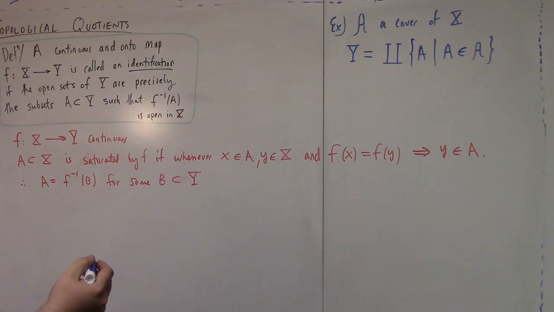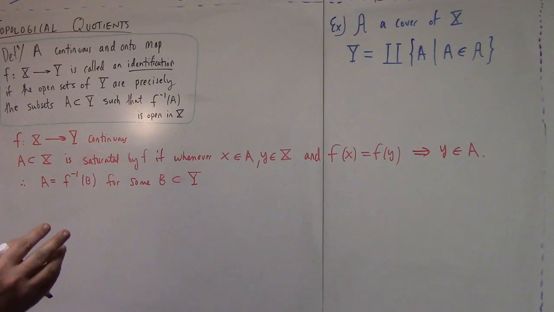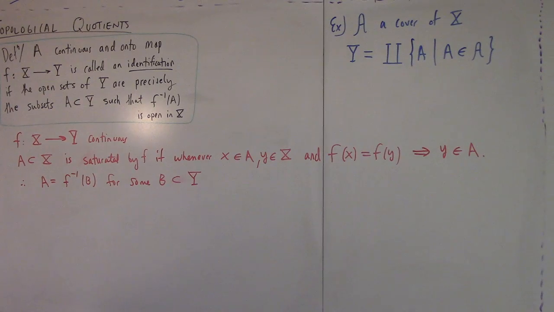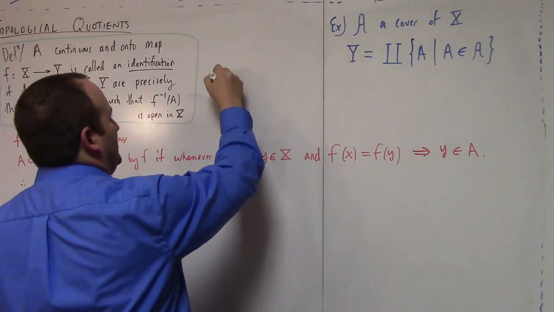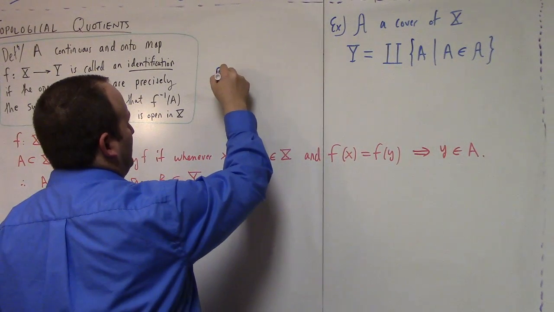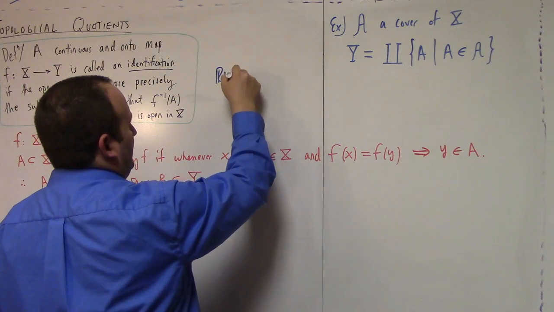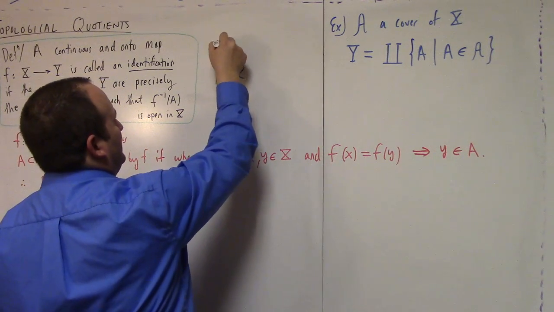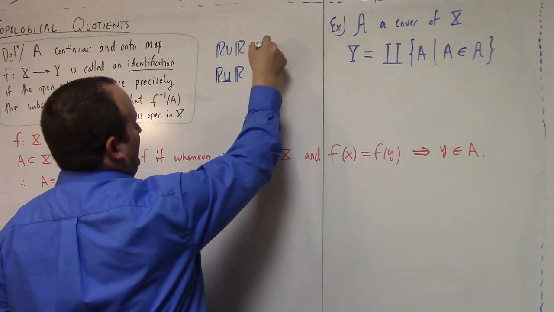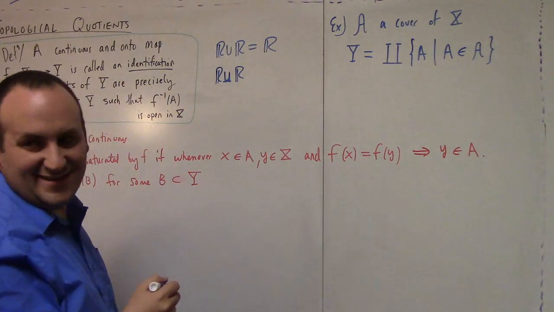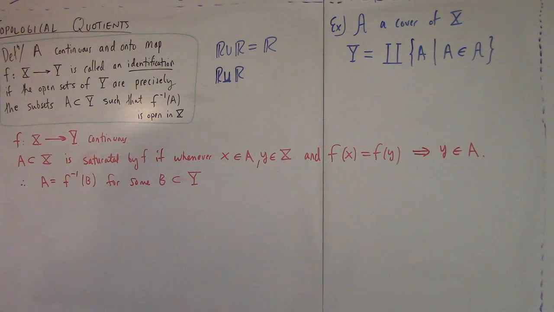Disjoint union is a thing which has frustrated me at various points because people use it without constructing it. To construct the disjoint union, take for example the disjoint union of R and R. Everyone knows that R union R is R again. The disjoint union of R and R is not R again.